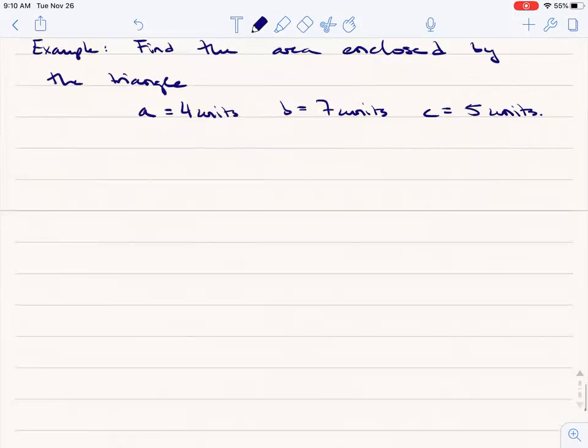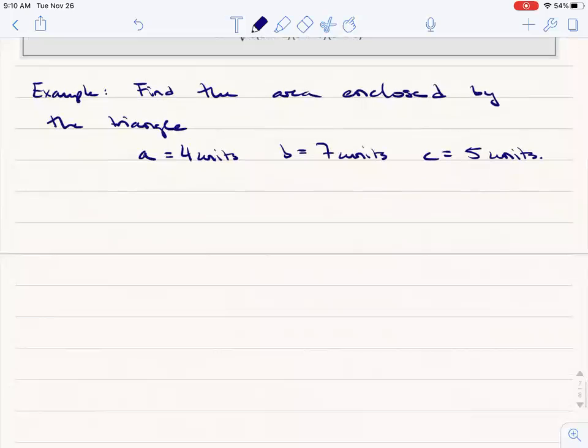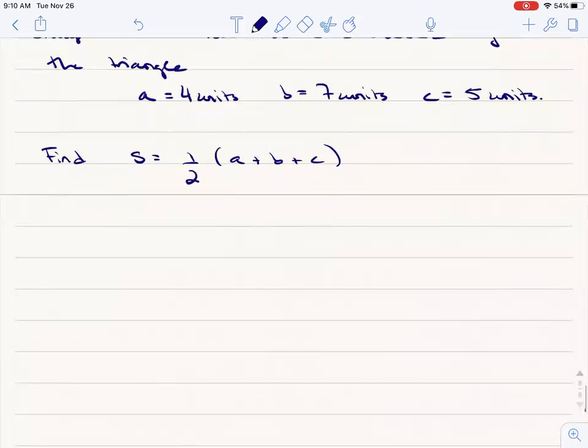So first thing I'm going to do to use Heron's formula is find S, the semi-perimeter. Find S, which is 1/2 of A plus B plus C. Heron's formula is also on an old handout that I gave you, that one that I copied out. This one, right?